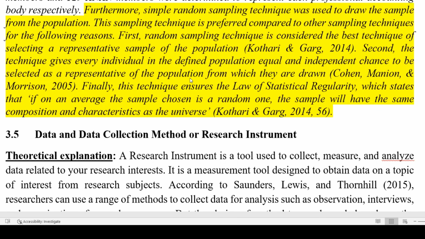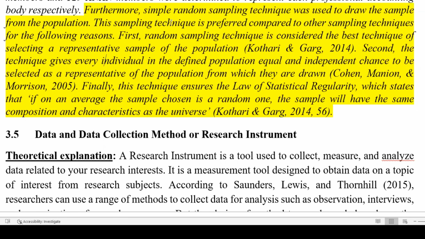But for those using secondary data, they usually use purposive, which is non-probability, because not all the annual reports will have what you are looking for. If you select a company that does not have what you are looking for, it will not really work properly. So usually they use the purposive sampling method. Whichever one you are using, you have to justify why you are using it.